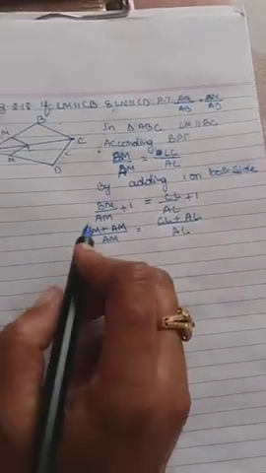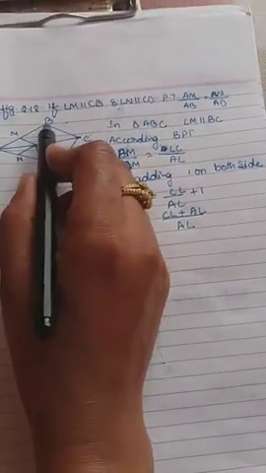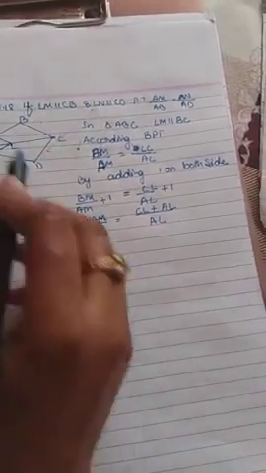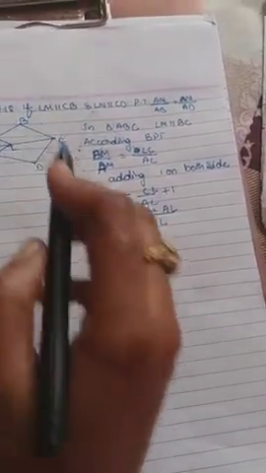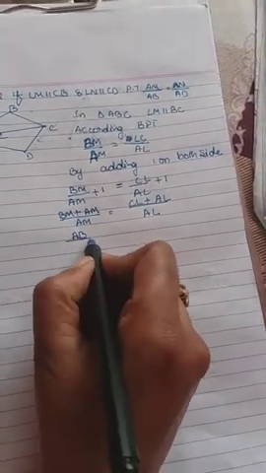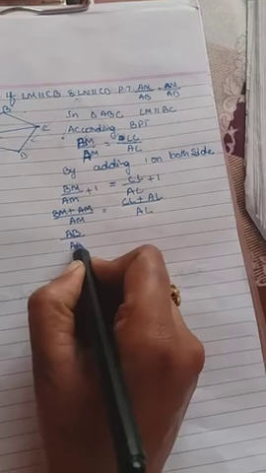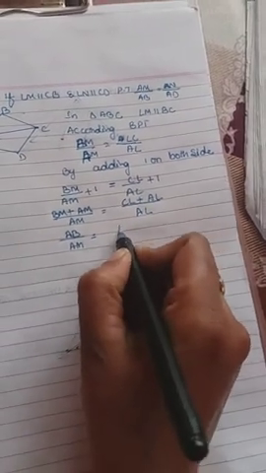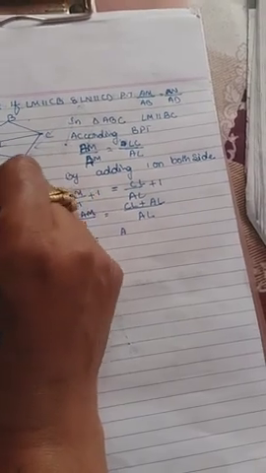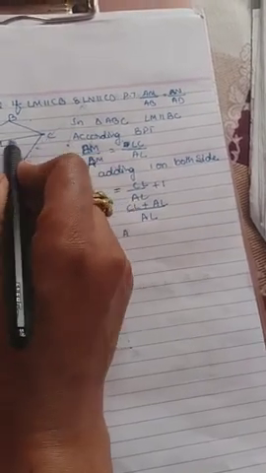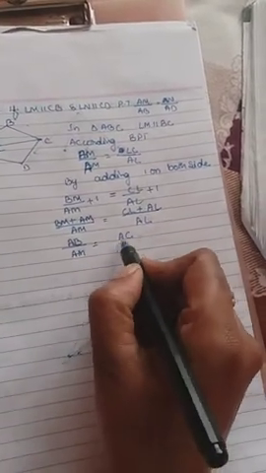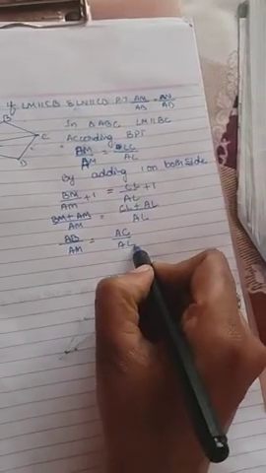Instead of BM plus AM, we can write AB, since BM plus AM equals AB. So AB divided by AM equals, instead of CL plus AL, AC divided by AL.